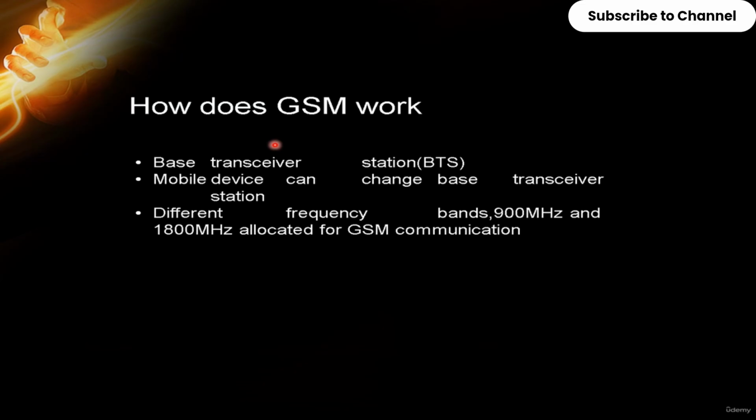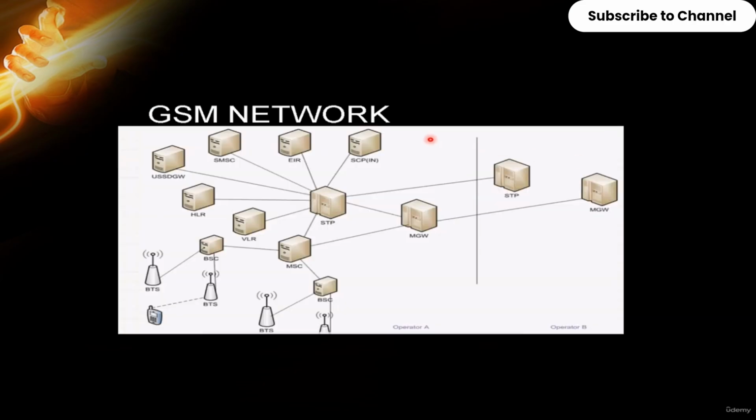GSM needs a base transceiver station module to communicate with the mobile device. The mobile device can change base transceiver station. GSM provides the frequency band of 900 megahertz to 1800 megahertz. In this diagram we can see a GSM network.